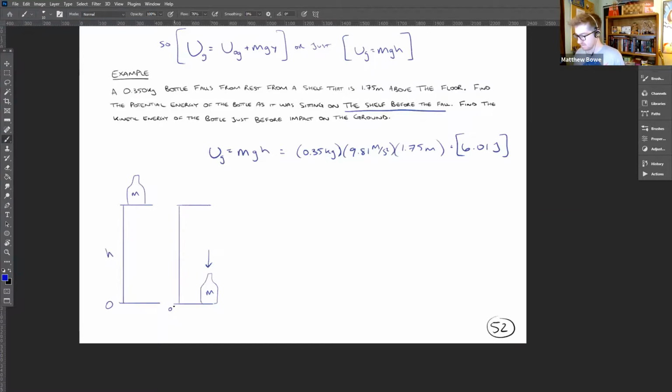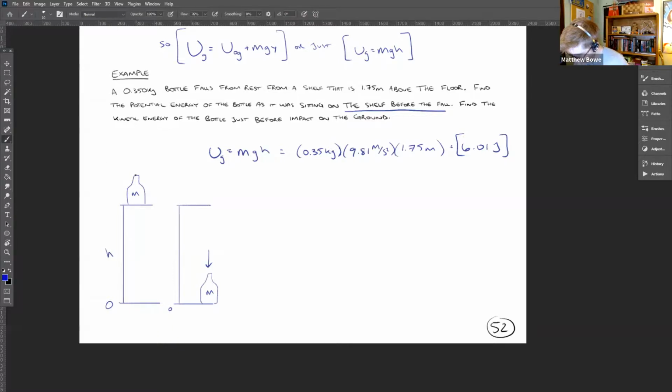let's step back and examine the energy of the two types. In one part of the problem, we wanted to know potential energy, and in the second half, we wanted to know kinetic energy. So let's look at both of those in each of these two pictures.